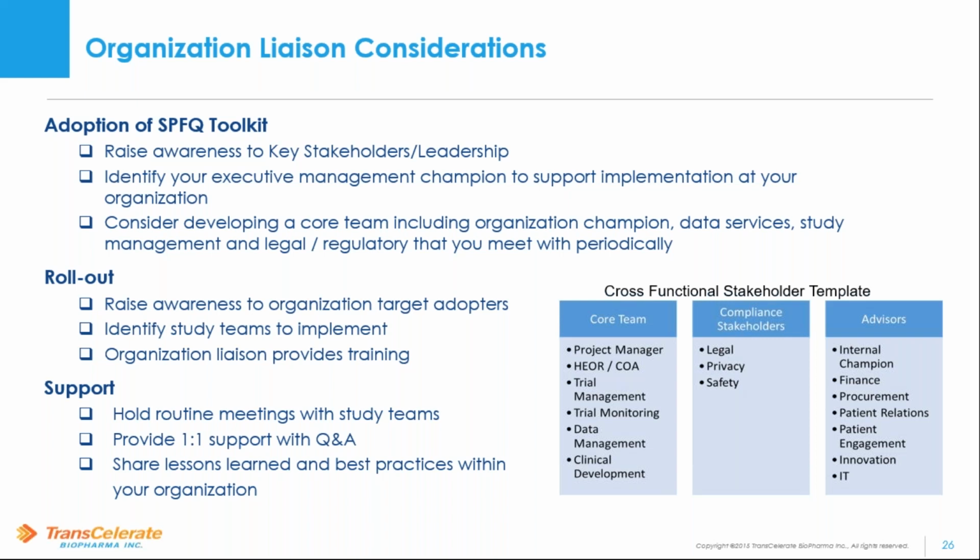And one example of what a cross-functional stakeholder template might look like is there for somebody thinking about using the SPFQ to sit down ahead of time and think through who in your organization would be the people to have in any of these roles. And this could differ based on how you do things. So next slide, please.